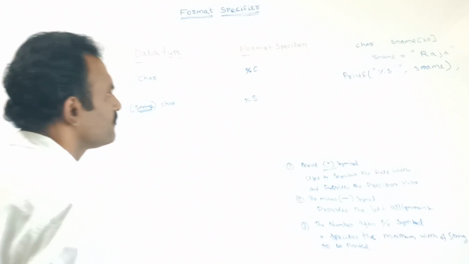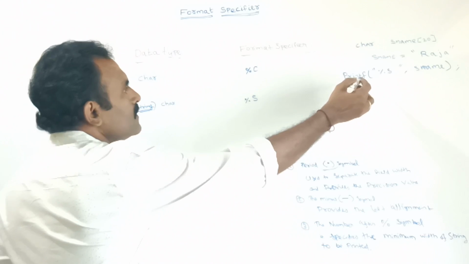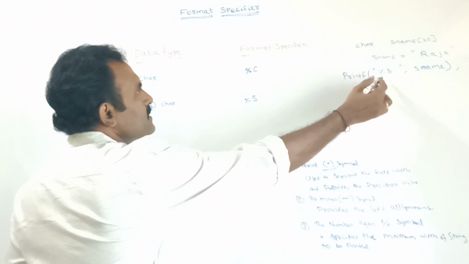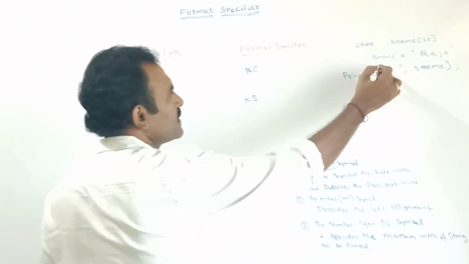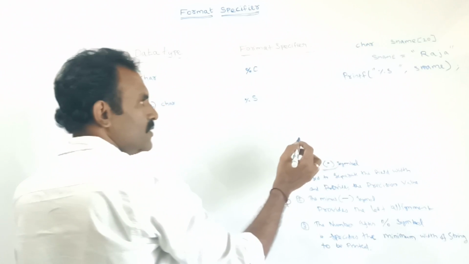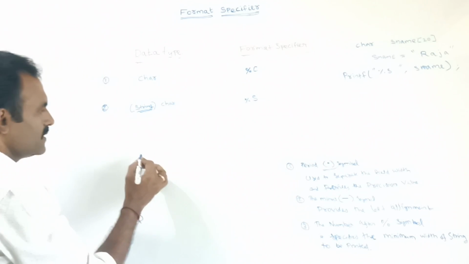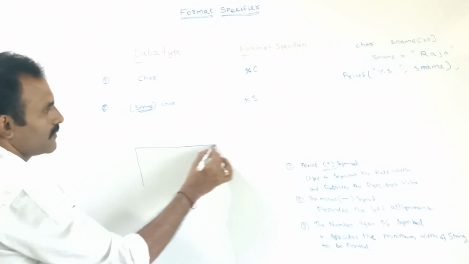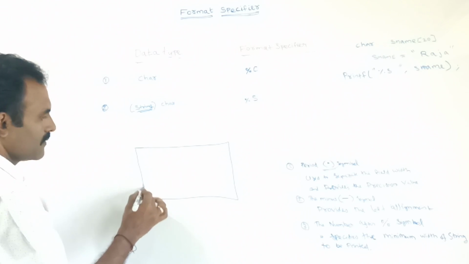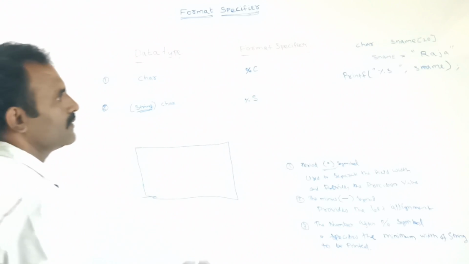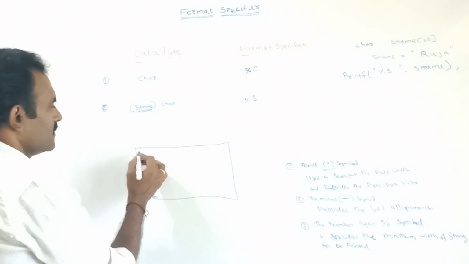Percentage s is the format specifier. What type of data? That is string data we are going to print. So if it is the display screen, here it will print the data normally.